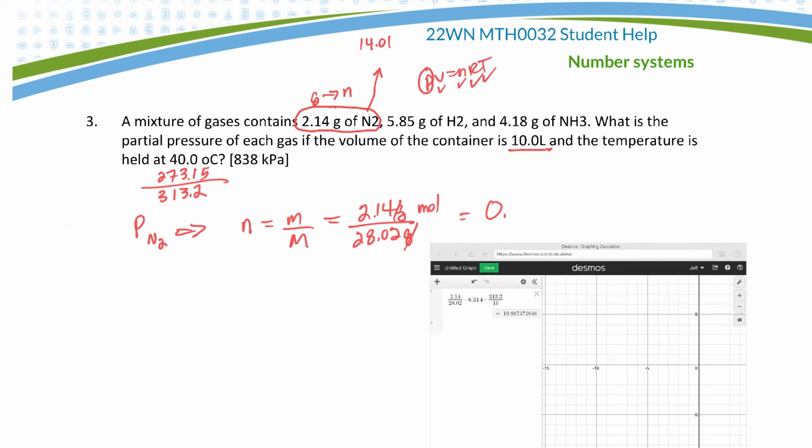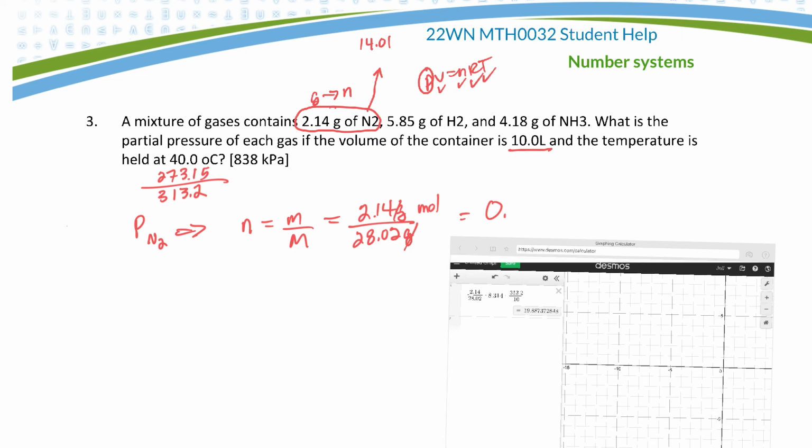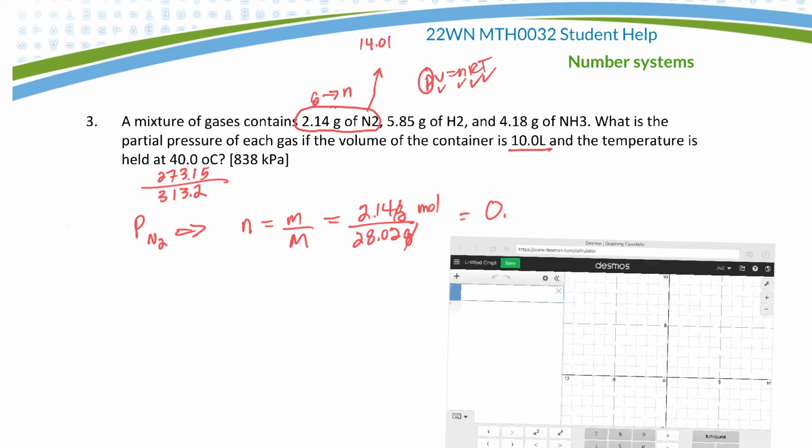Let's figure out what that is. 2.14 divided by 28.02. There we go. It's hard to read the number. 0.07637 moles of nitrogen. So now to figure out the pressure due to nitrogen, it's PV equals nRT, and I want pressure.